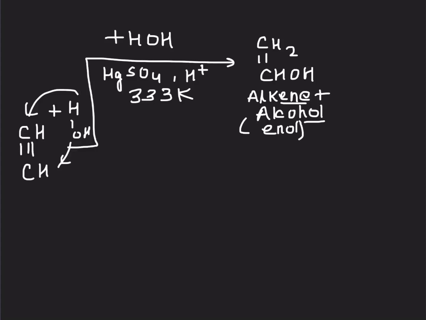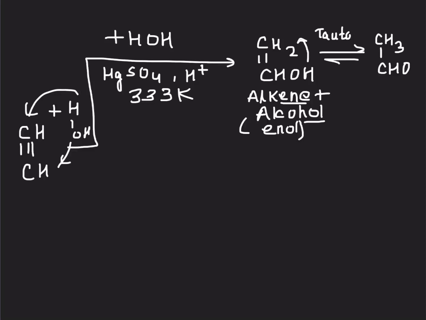Now this enol is not very stable and it has a tendency to take away this hydrogen and convert itself into CH3CHO. Now here this is called tautomerism, shift of the hydrogen within the molecule.